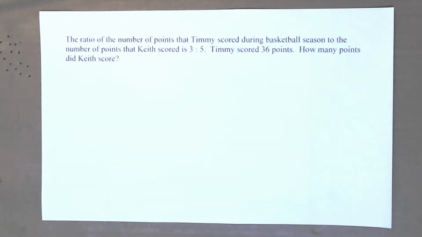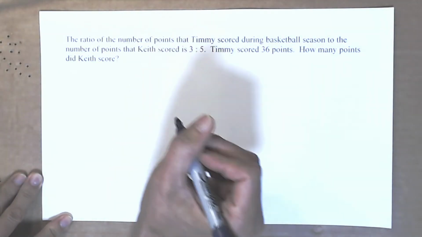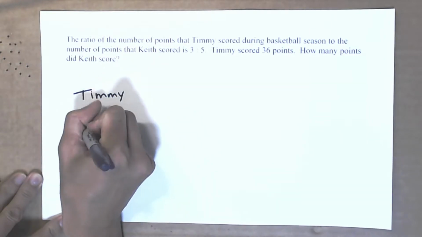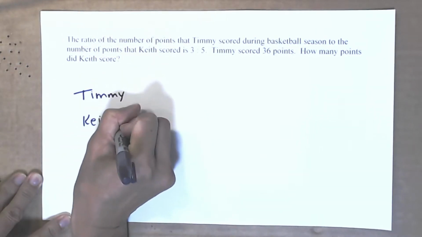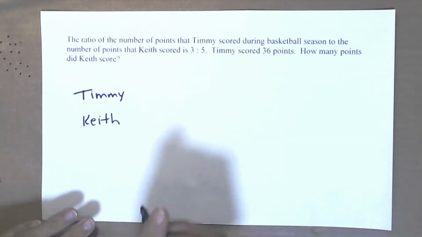Okay, so in bar model problems for ratios, we show our ratios by making two bars. So Timmy and Keith. And the ratio of points is 3 to 5.